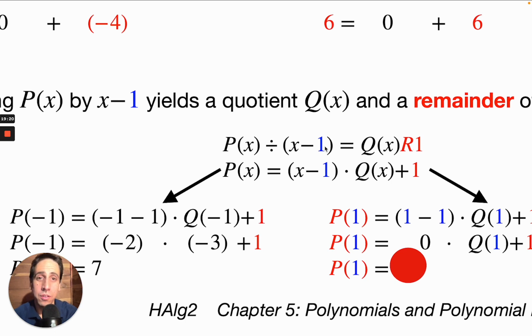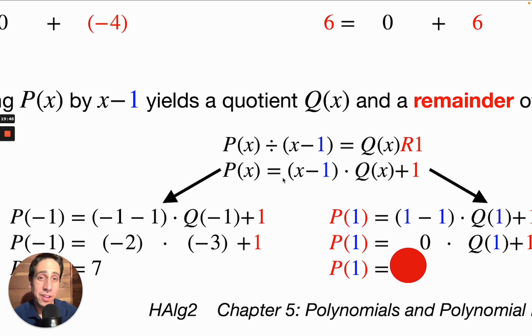We're just going to read the knowns here and translate them into an equation symbolically. P of x divided by x minus 1 is equal to q of x with a remainder of 1. Now we can translate that, using our newfound skill of taking division and turning it into multiplication, into p of x is equal to x minus 1 times q of x plus 1.